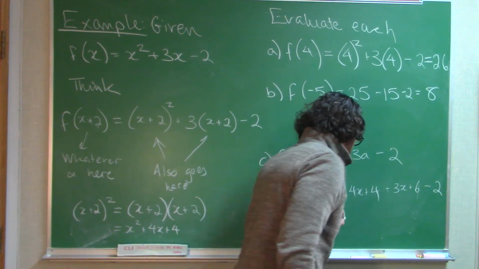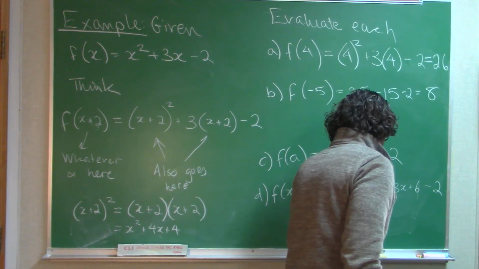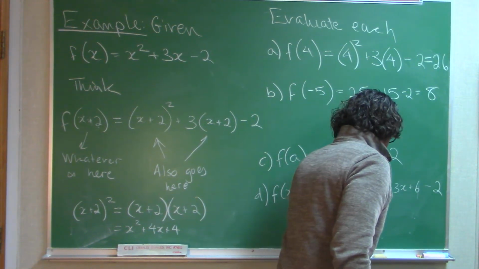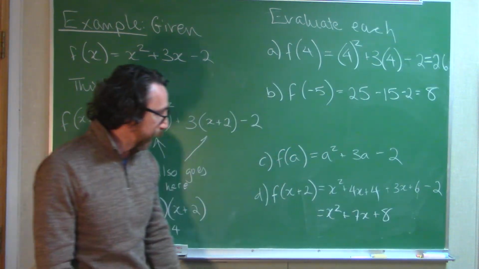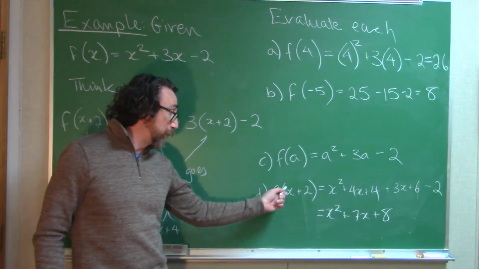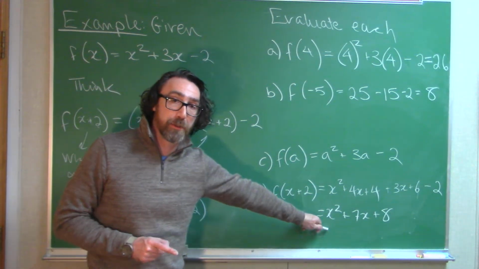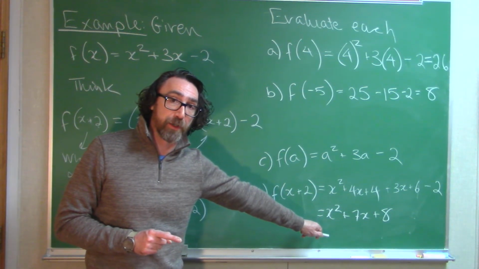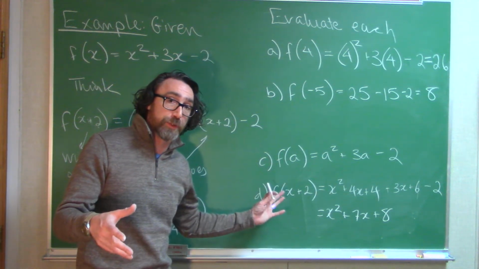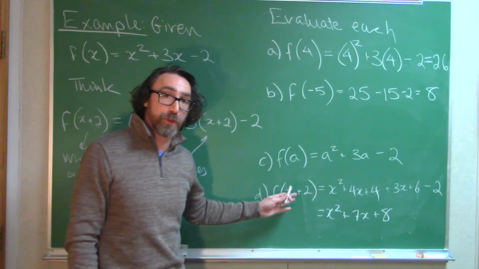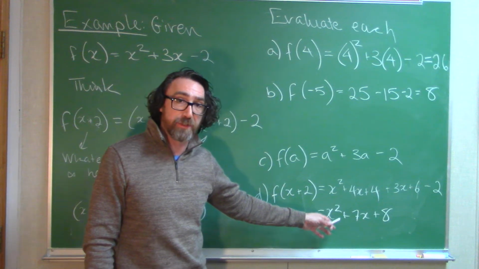X squared plus 7x plus 8. Okay? So once again, remember, if we put in a variable expression to these functions, we expect to get an expression that has variables as the output. That's exactly what we're seeing here.